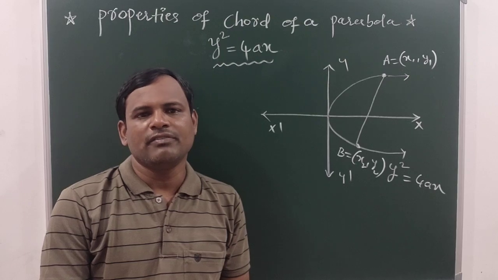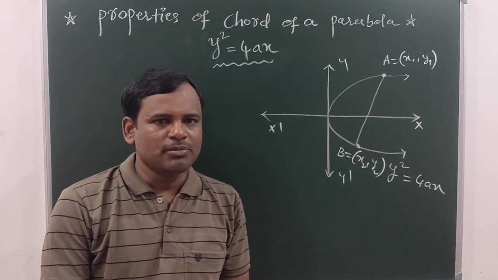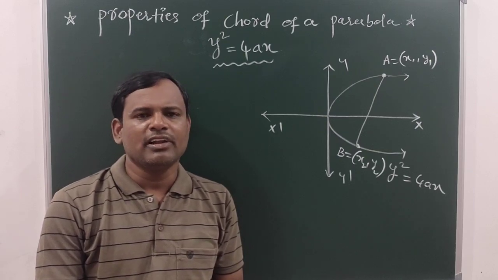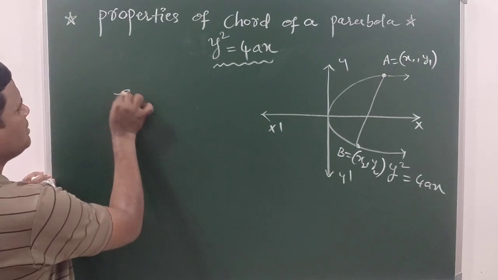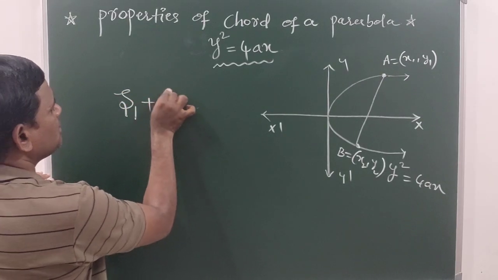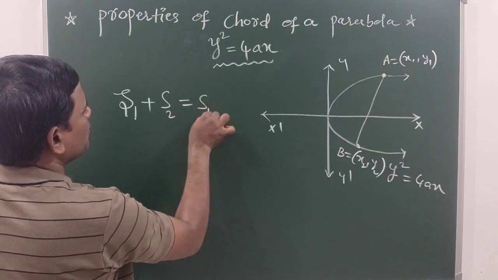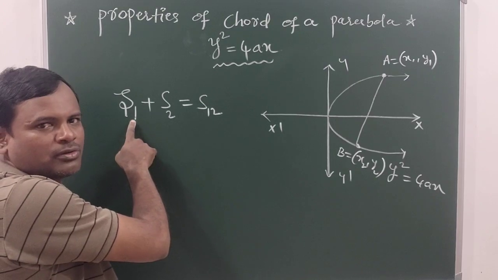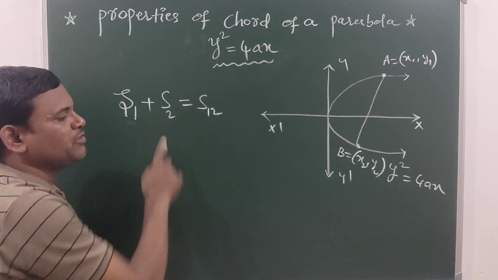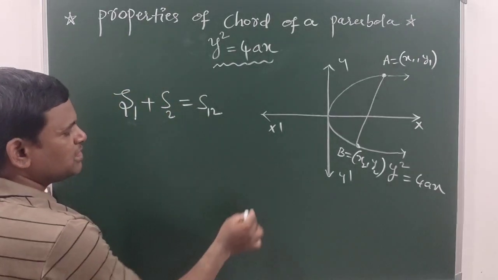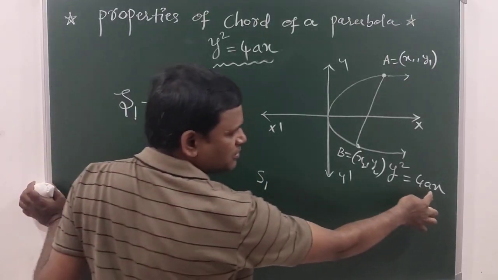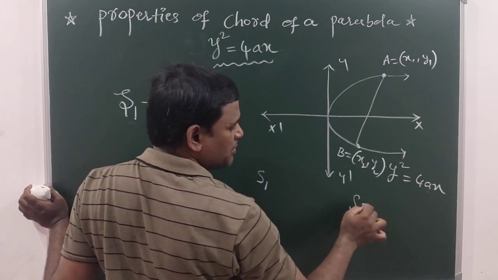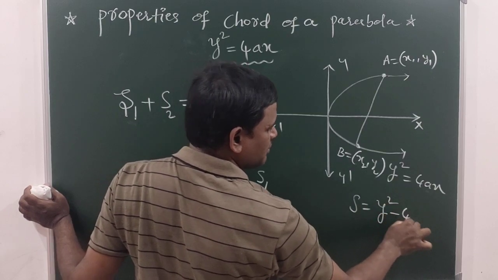You learnt when we were learning the circles chapter, if any 2 points on the circle are given, how did we calculate the equation of a line? By applying this rule S1 plus S2 is equal to S12. You know the notation of S1, S2, S12 for this parabola. What is S1? First, this 4ax you have to send to the left side, so that it is represented by y square minus 4ax.